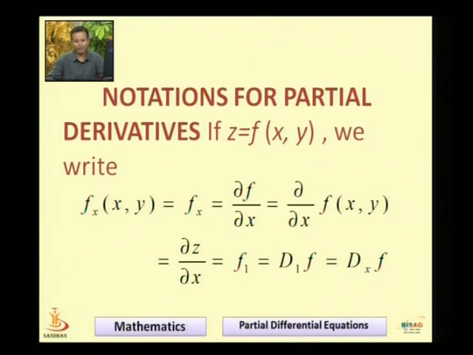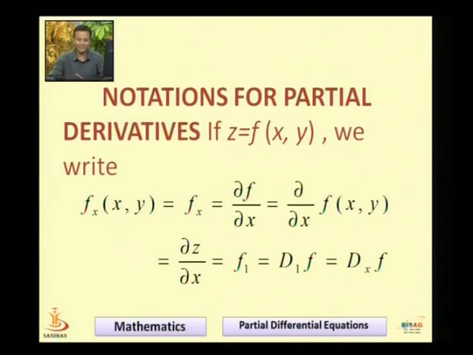So del by del x of f, or del f by del x, or if z is equal to f of x, y, we consider it is also written del z by del x, or f1, because the first variable we have considered as x and the second variable as y. So f1 means partial derivative with respect to the first independent variable x, or capital D with suffix 1 f, that is the first partial derivative of f with respect to the first variable, or D_x f.